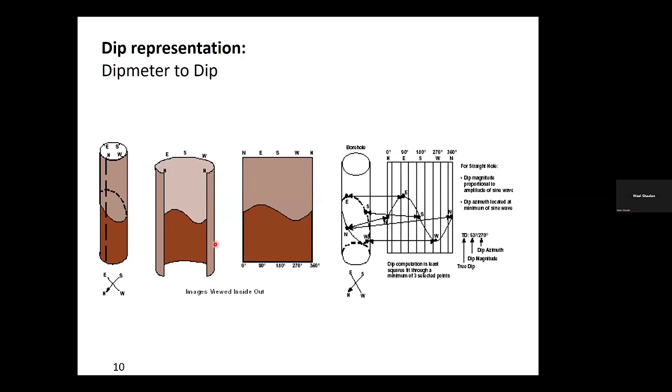If we come into interpretation, usually we see the image. This is the borehole, and you can imagine cutting and unrolling it. When we cut and then unroll, we will see all the lamination or features that we have across the wellbore as a sine wave.